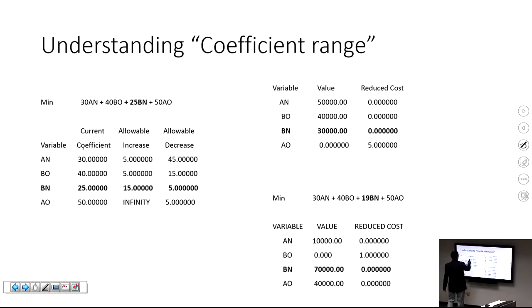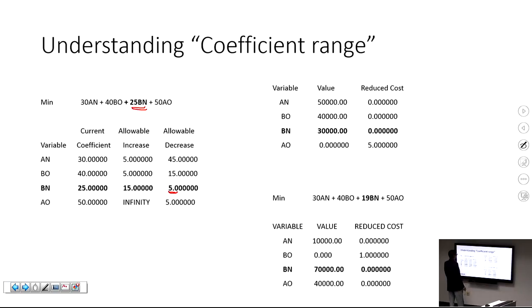So now we'll focus on the cost of making product B's on the new line. At the moment, it's costing me $25. Now, if you reduce that cost, same thing. Common sense will tell you that you should be making more B's. But that cost reduction should be more than the allowable decrease of $5.